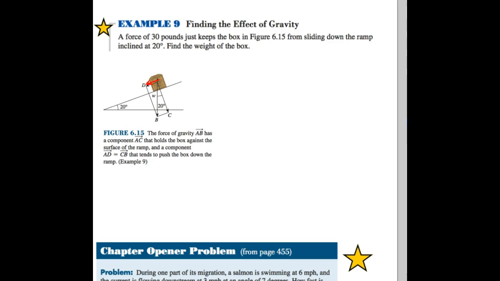Okay, vector AD. If there was nothing holding that box up, right, it would just slide down. They're saying that if we have a 30-pound force, it'll keep it from moving, right? That means vector AD has to be 30, right? It's sliding down at 30 pounds. A 30-pound force would keep it from moving, going in the opposite direction. So vector AD has a magnitude of 30.